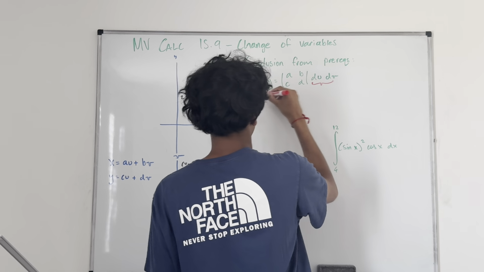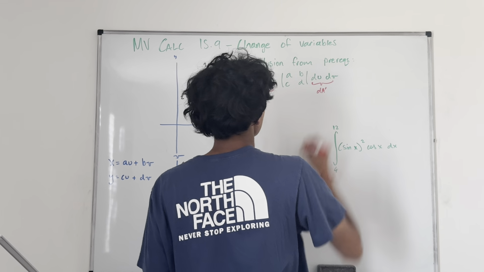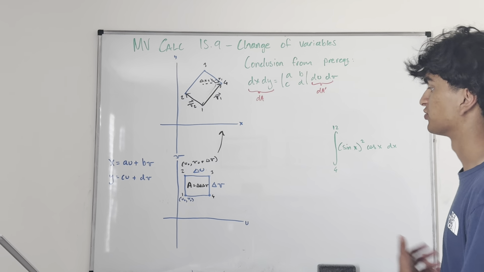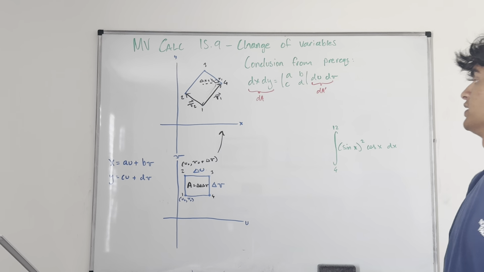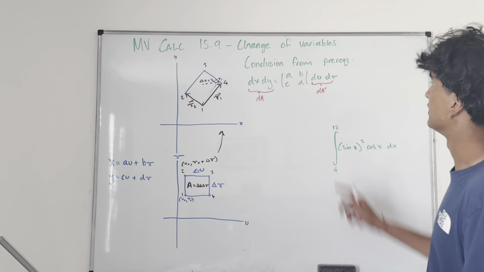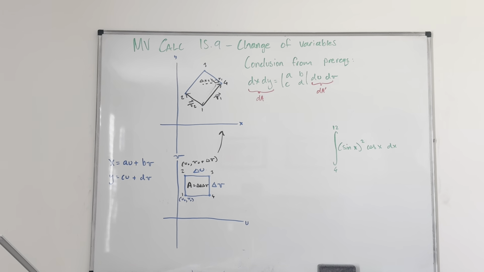I can call this dA, and I can call this maybe dA prime. So the area elements are proportional to each other. They're scaled by this determinant, and that just means dx times dy, that is dA, is going to equal this determinant times du times dv.